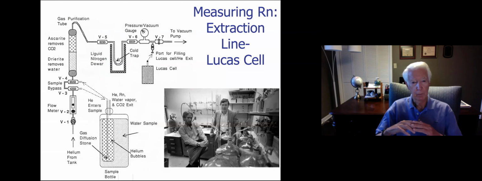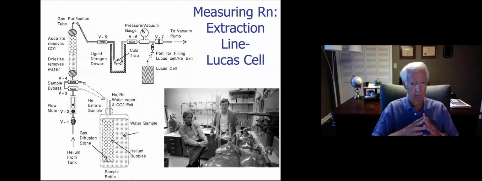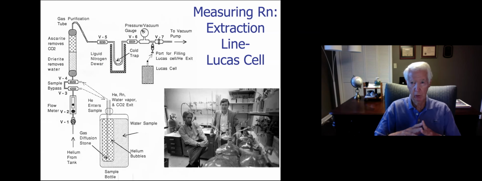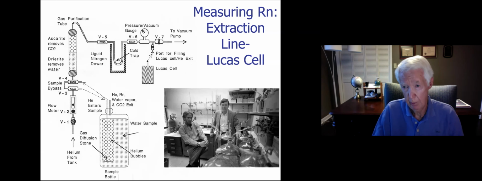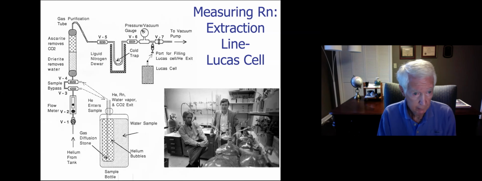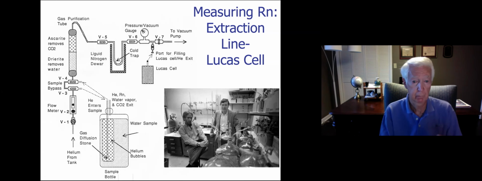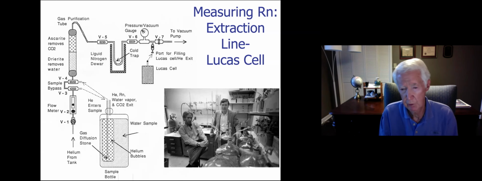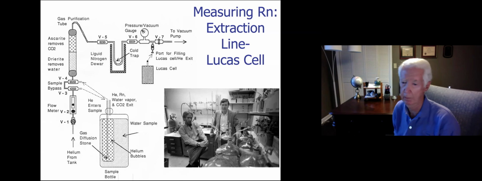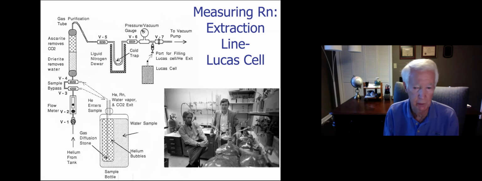All right, so a few words about measuring radon. The traditional way of doing it is with what's called a Lucas cell, which is an alpha scintillation cell. To get the radon into the Lucas cell, you need an extraction line, which is shown on the left-hand side here. So you have a bottle of some appropriate size for the sensitivity that's needed.